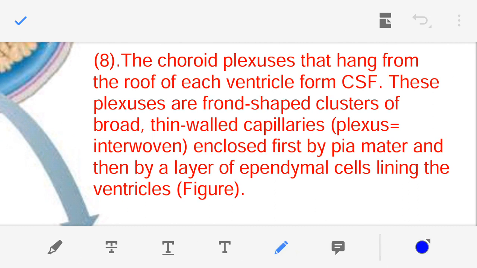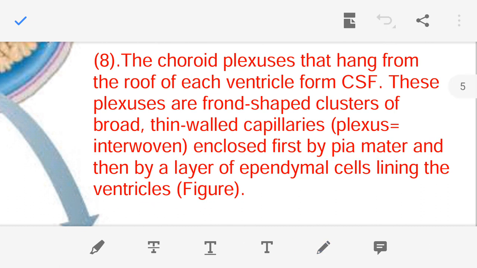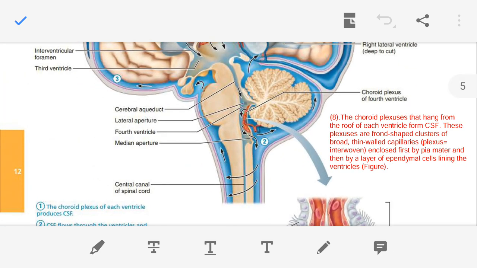And this capillary network or cluster is first enclosed by pia mater, and then a cellular layer is present, and this cellular layer is of ependymal cells, and these ependymal cells line the ventricles. So in the figure we are going to see this entire setup.